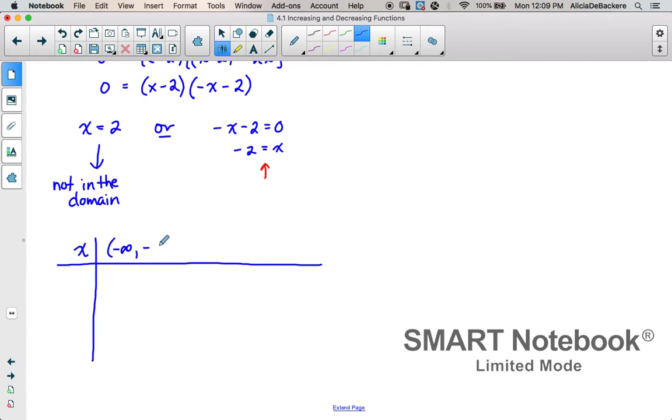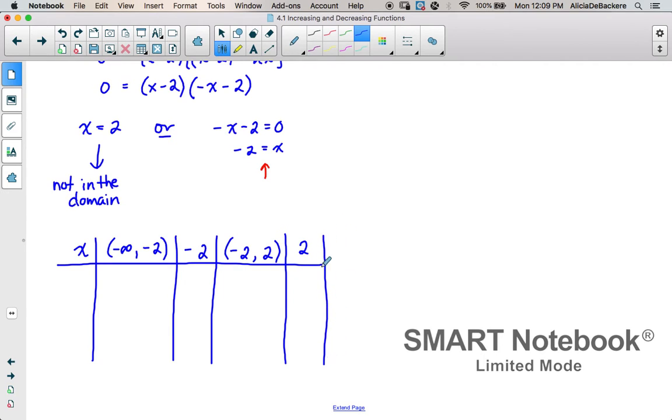So my smallest number is negative 2. So I'm going to look at that interval, and then I'll consider what's actually happening at negative 2. And then negative 2 to my next value is positive 2. Then we'll stop and consider what's actually happening at 2. And then our last interval is 2 up to positive infinity. So we had 2 values and 3 intervals. It should always be one more interval.